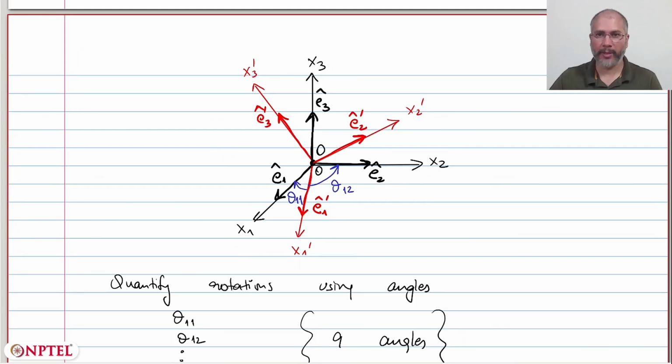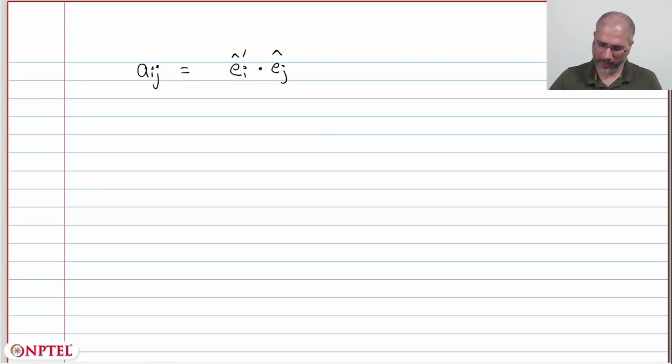So from this we can write aij as ei prime dotted with an ej.